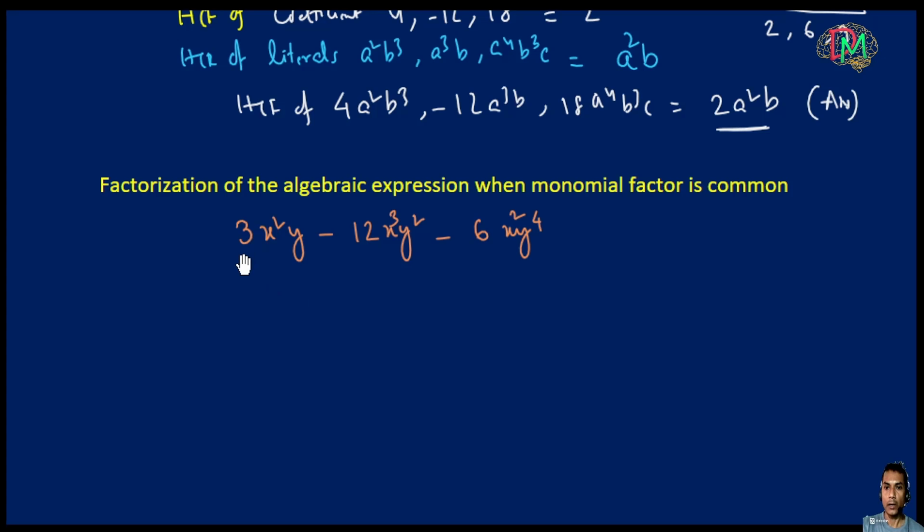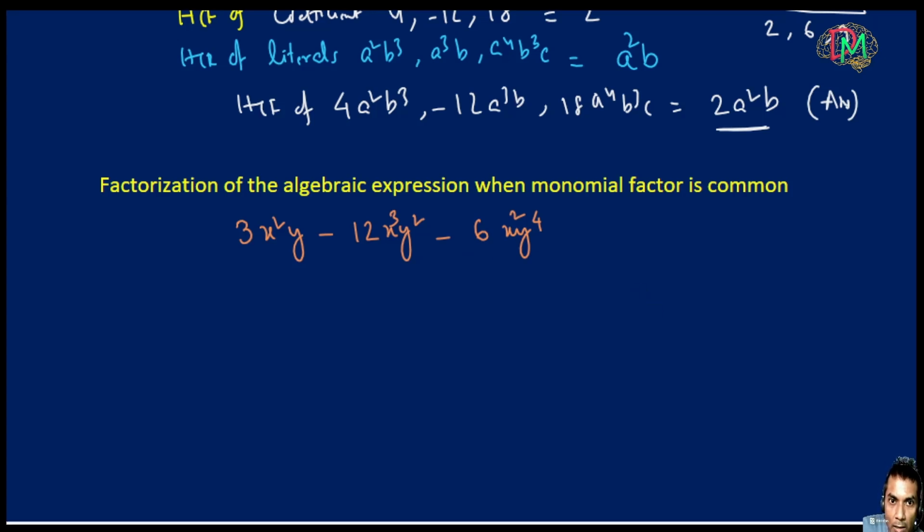Here we have to find the common coefficient of each term and also the common literal part, the variable part. This is the example: 3x square y minus 12x cube y square minus 6x square y to the power 4. So how can you do that?